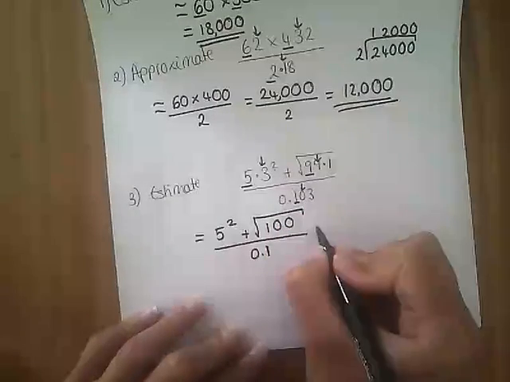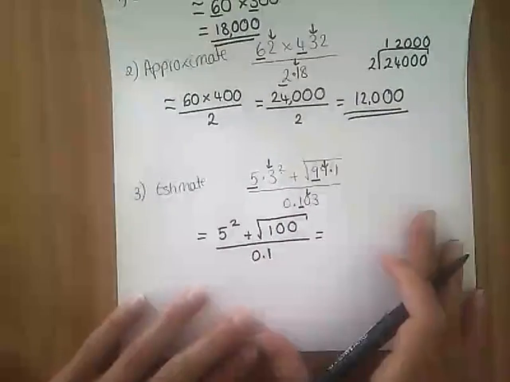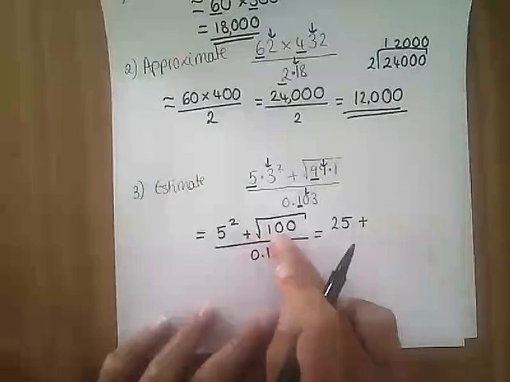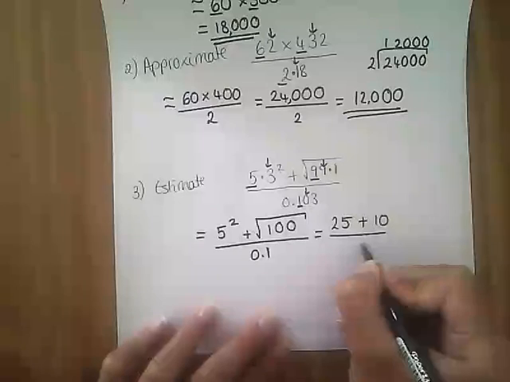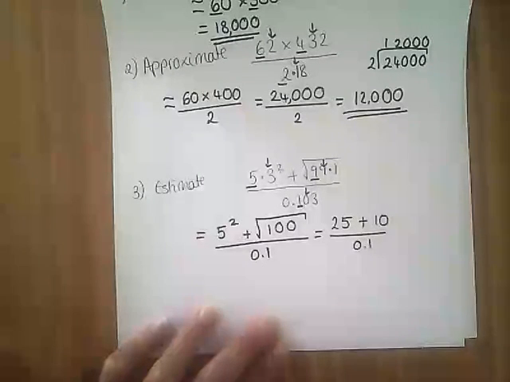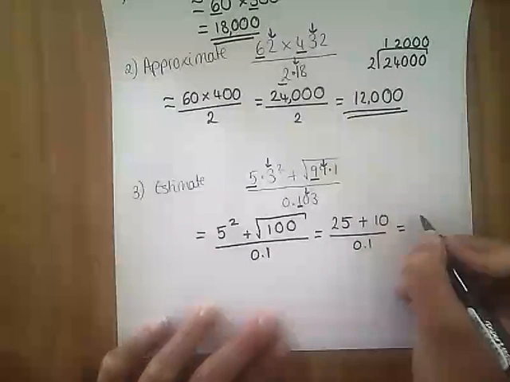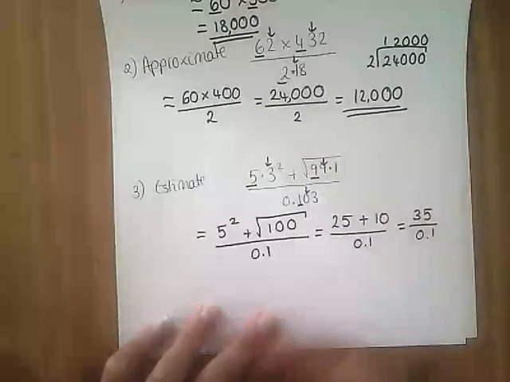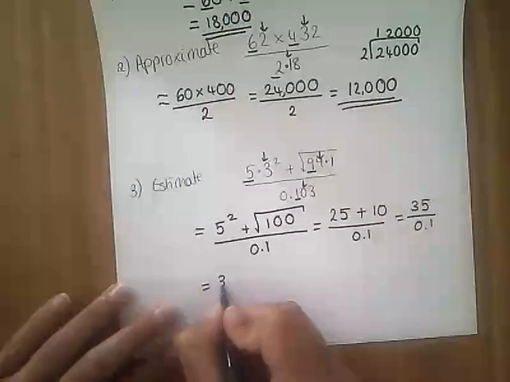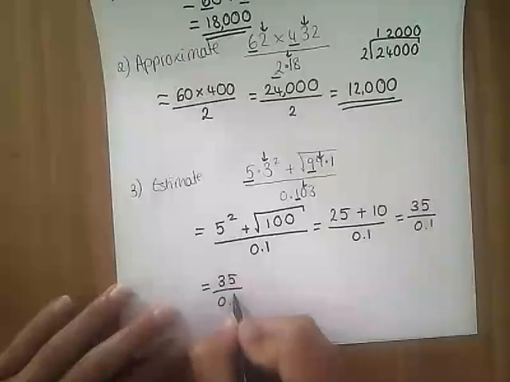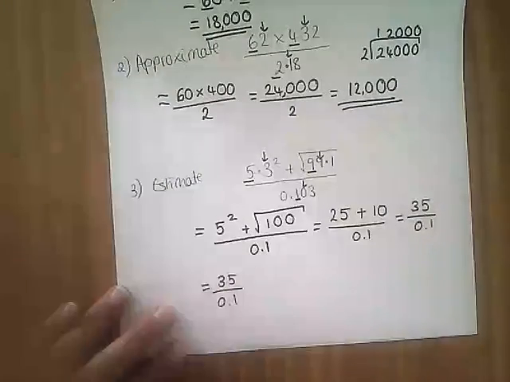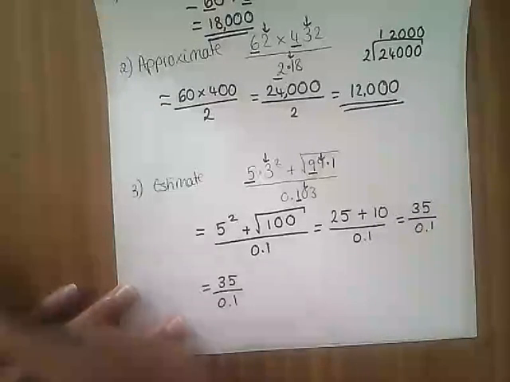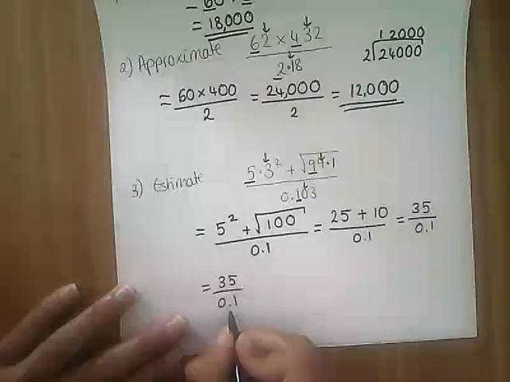Then we've got to work it out. So, 5 squared is 25. The square root of 100 is 10, and we'll leave that as 0.1 on the bottom. 25 plus 10 is 35, and we've got to divide by 0.1. Now, there is a video on my YouTube channel on dividing by a decimal, which you're welcome to check out if you'd like to, but the tricky thing about this is that we've got a decimal on the bottom.